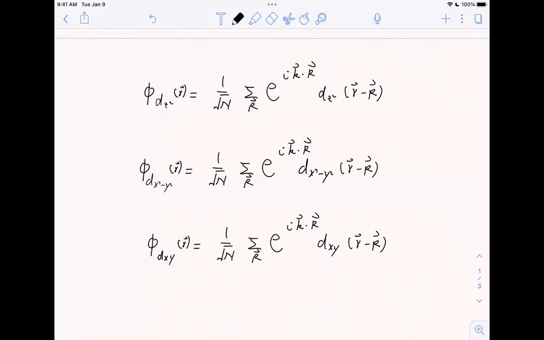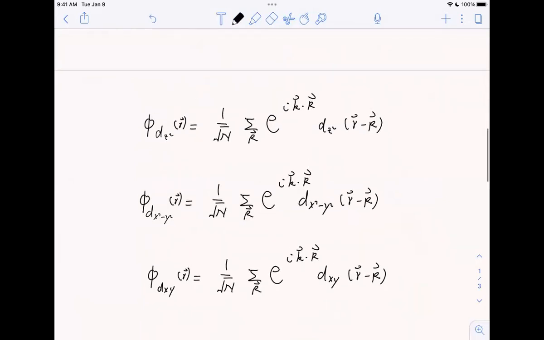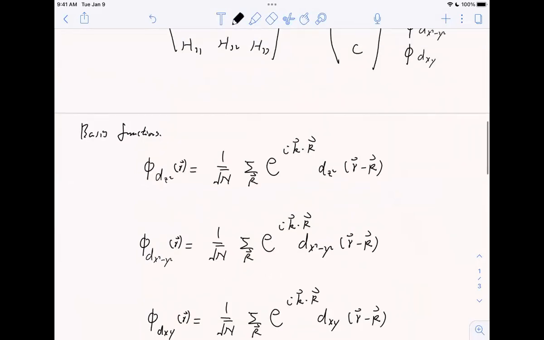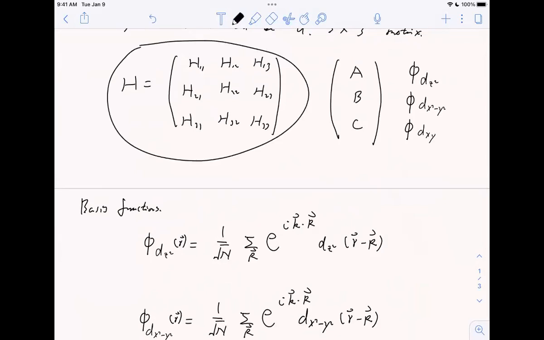Okay, so these are the 3 basis functions.